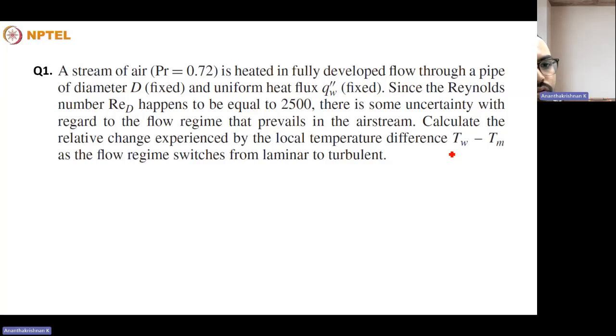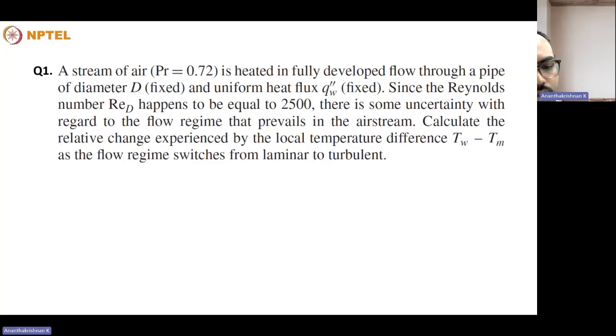But as we move into the turbulent section, there will be a sudden change in the T_W minus T_M value. The heat flux is kept constant, the h value will be high, and in that case T_W minus T_M might go down. It's not straightforward. It actually depends upon a few Reynolds number parameterizations, and we can determine the general form from the Reynolds number parameterization, and then substitute the value of the transition Reynolds number to calculate the actual ratio between T_W minus T_M.